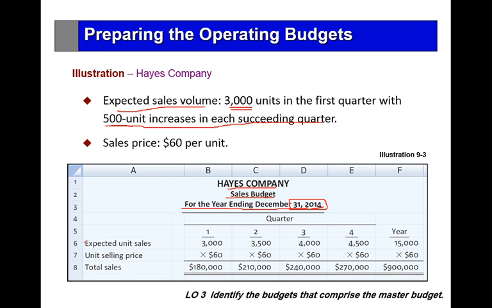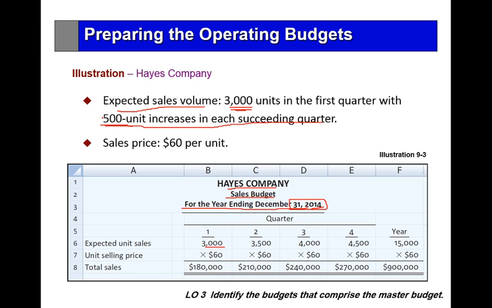We start with expected unit sales. In the first quarter, we expect to sell 3,000 units, as the question mentioned, and we expect to increase these units by 500 units each quarter.